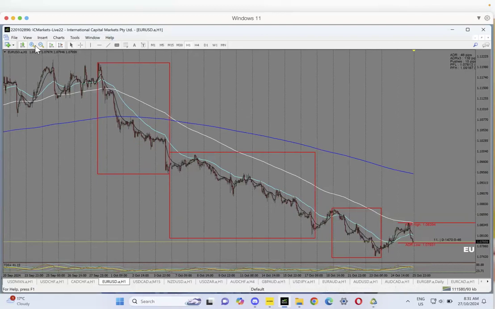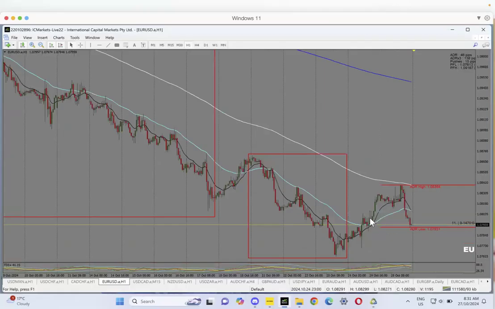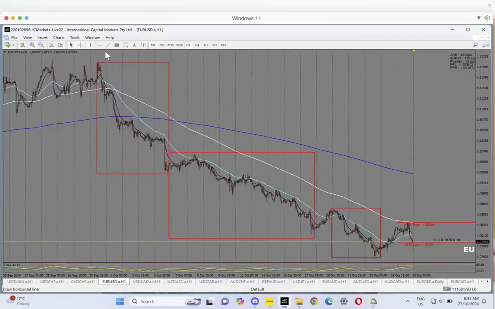They really did give good levels, which we now expect them to come back down as a sell. So now that explains why AUD USD and NZD USD might sell a little bit, but it's not always a guarantee that they will sell. They might start buying whilst EU is selling. That can happen.